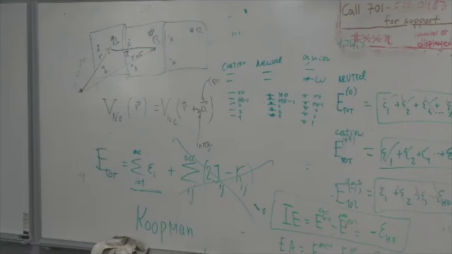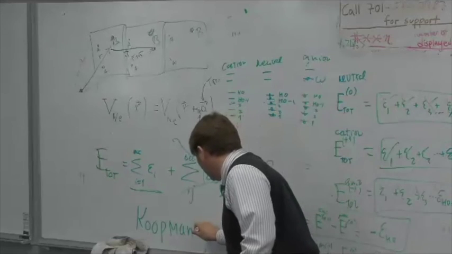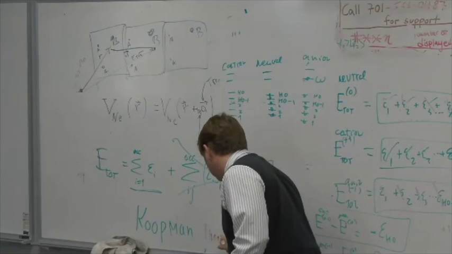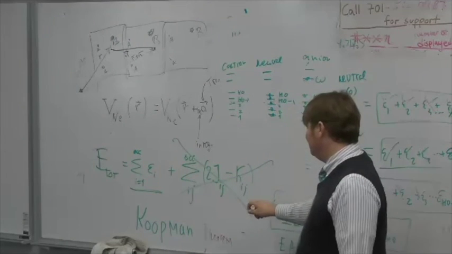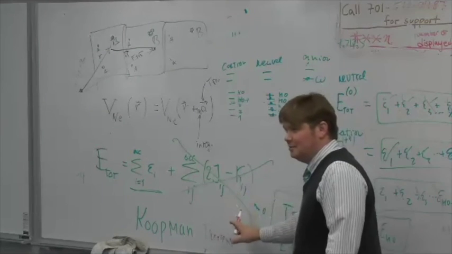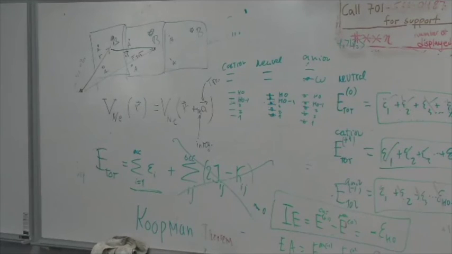So properties of multi-electron molecules are expressed in terms of one-electron orbitals. This is known as Koopmans' theorem. So if one can neglect electron-electron interactions, then it becomes correct.